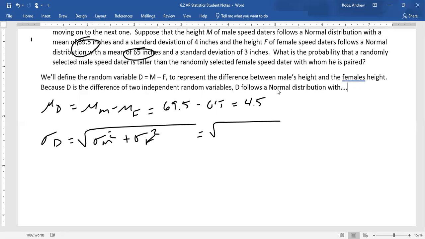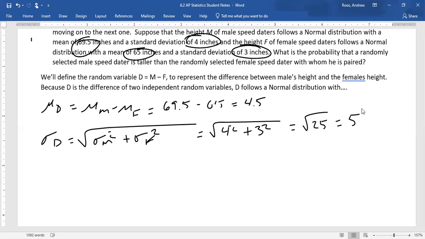So since the standard deviation of males was 4 squared, standard deviation of females was 3 squared, so square root of 25, which would equal 5. Okay, so that means the standard deviation of the difference would come out to be 5.